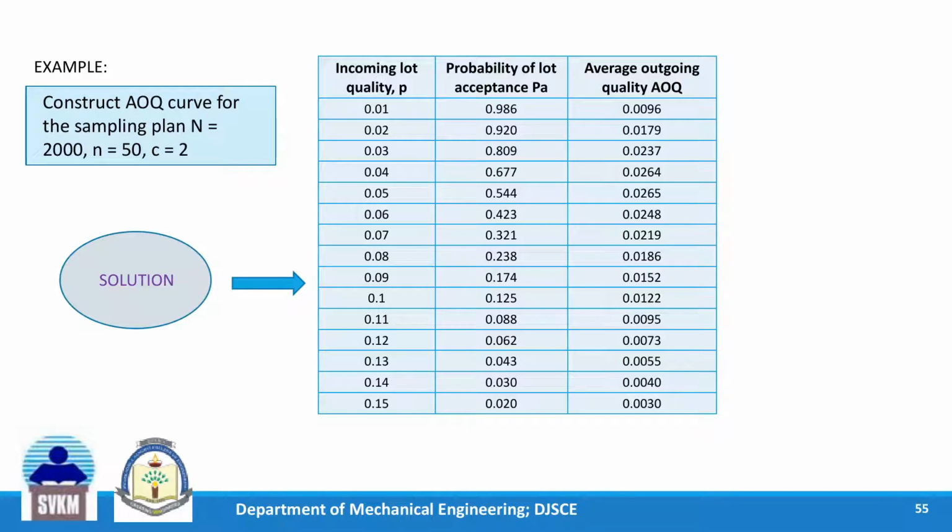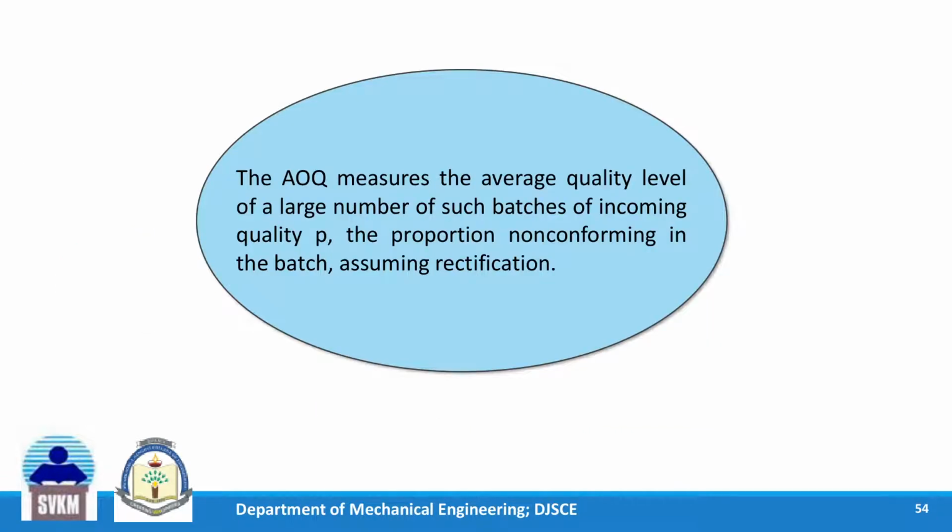The corresponding probability of acceptance you can get from the Poisson table. So this is the column for the probability of acceptance corresponding to the incoming fraction defective values.